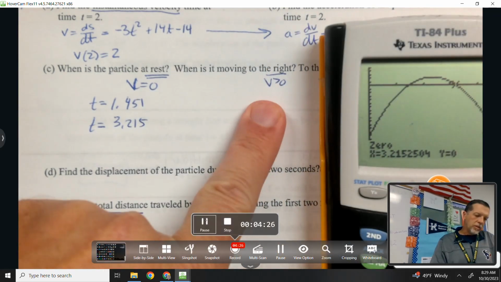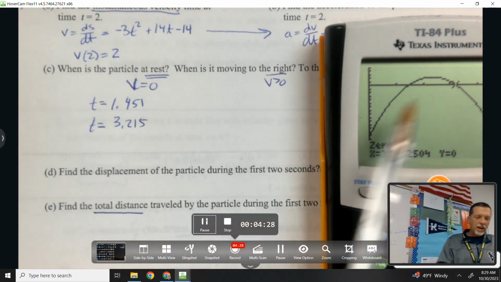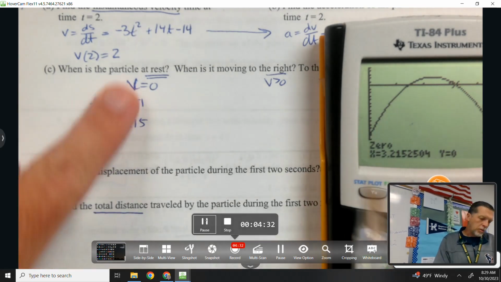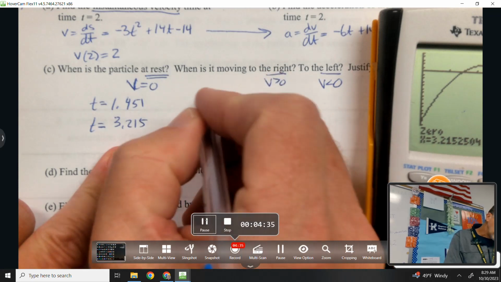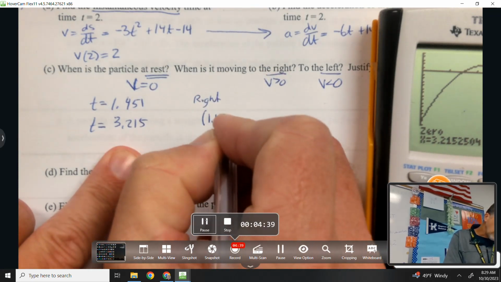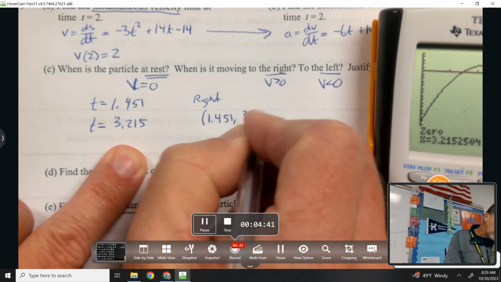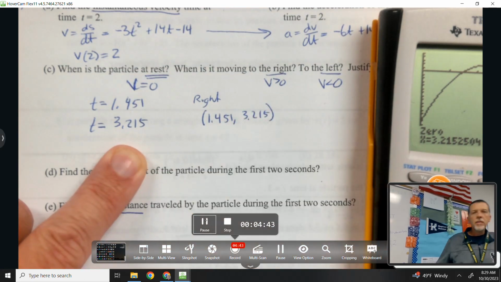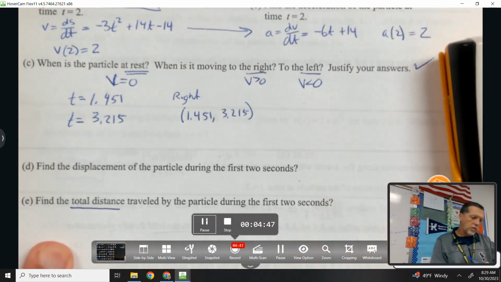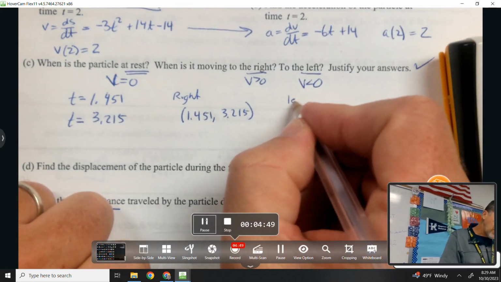When is it moving to the right? That would be when velocity is positive. So I can look at my picture and see that velocity is positive between those 2. So we're moving to the right between 1.451 and 3.215. And we're moving to the left when velocity is negative.